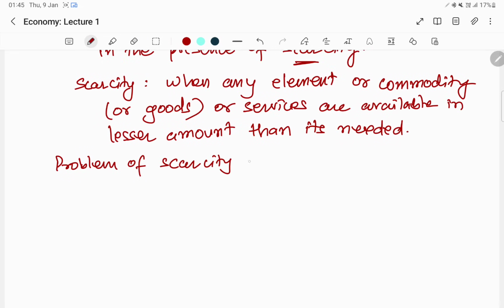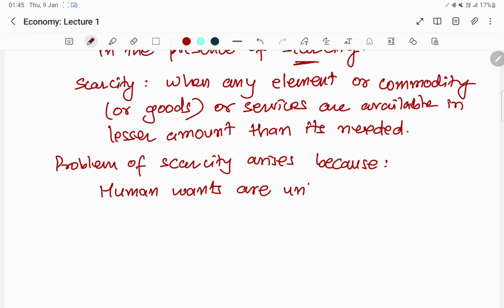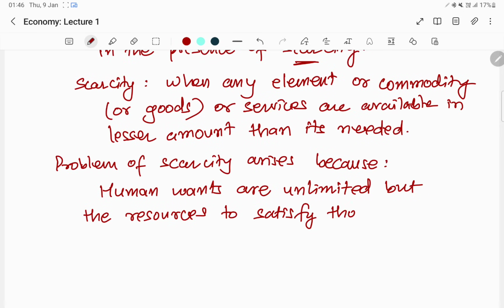So the problem of scarcity arises because human wants are unlimited, but the resources to satisfy those wants are limited.